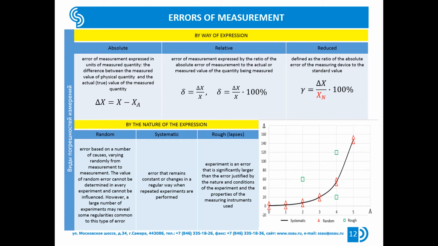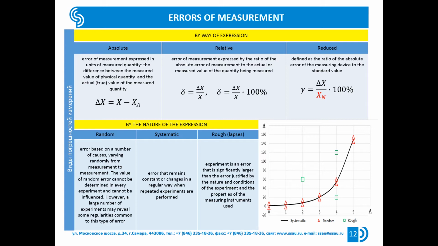According to the dependence of absolute error on values of the measured quantity, a distinction is made between additive, multiplicative, and nonlinear errors. According to the effect of external conditions, errors are divided into basic and additional. Depending on the influence of the nature of changes in measured quantities, errors are divided into static and dynamic errors.